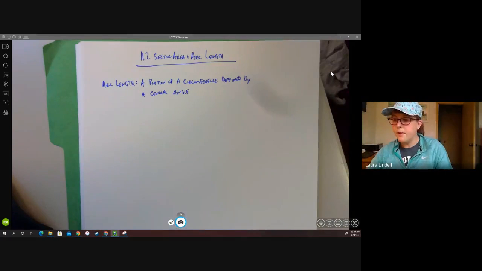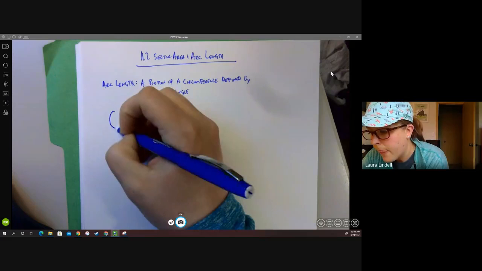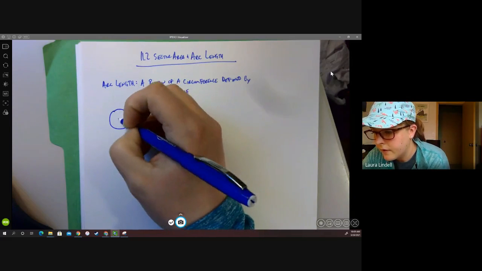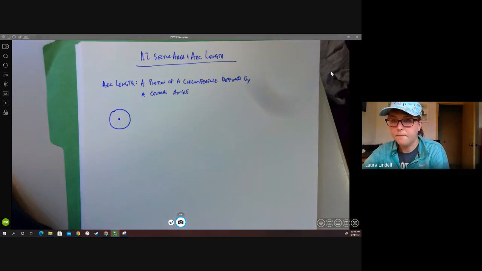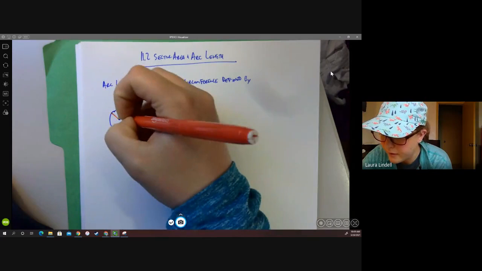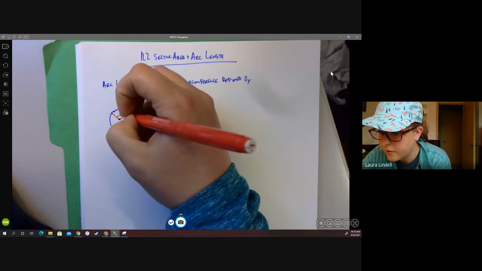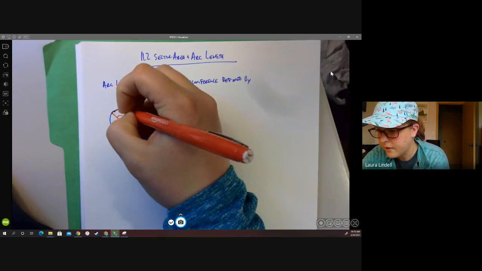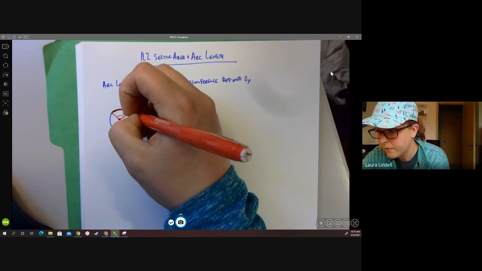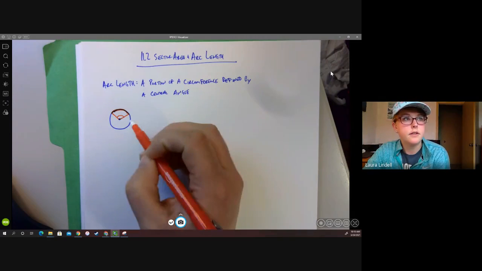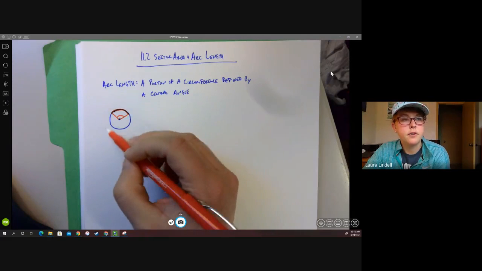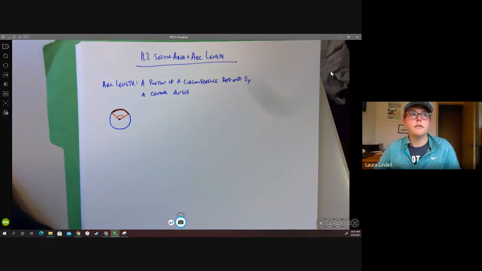When we had a picture of it, if this is our circle, and this is a central angle of the circle, the arc length is the length of just this part of the circle. So it's a portion of the entire circumference.